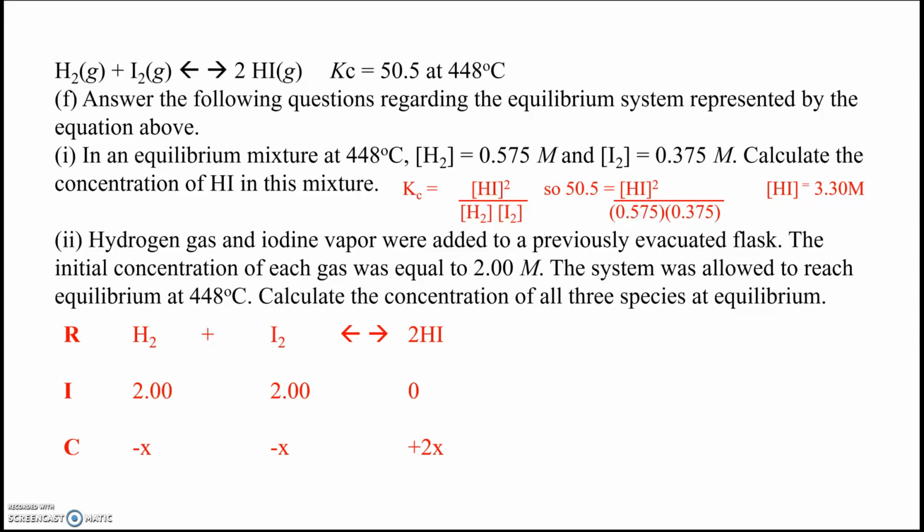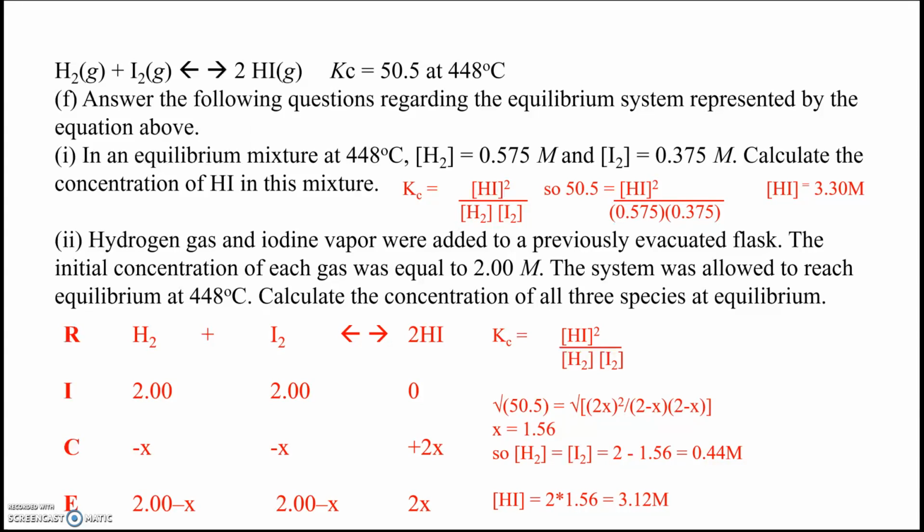We know that from stoichiometry, we're going to lose some amount of hydrogen and iodine. That would be x, and stoichiometry tells us we will gain 2x of HI. So our equilibrium conditions are now 2 minus x, 2 minus x, and 2x.